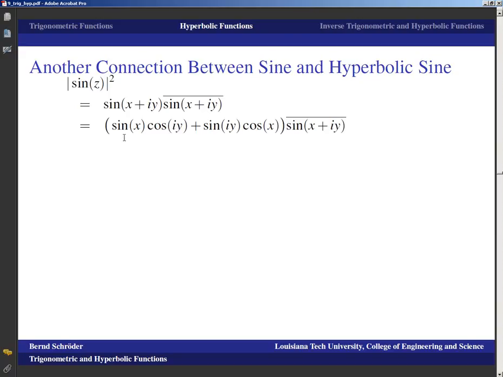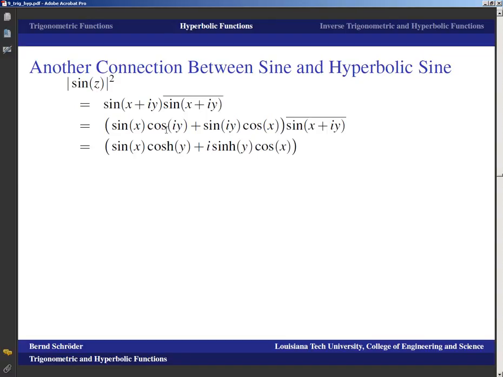Now we use the additive identity, so that's sine x cosine iy plus sine iy cosine x, and of course I could have put the same thing here also with a bar on top. I didn't do that because this whole computation barely fit on one panel, but it's the same thing only with a bar, so it's not going to be too hard to change later on.